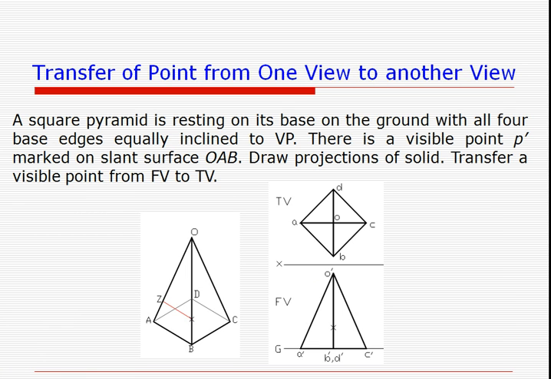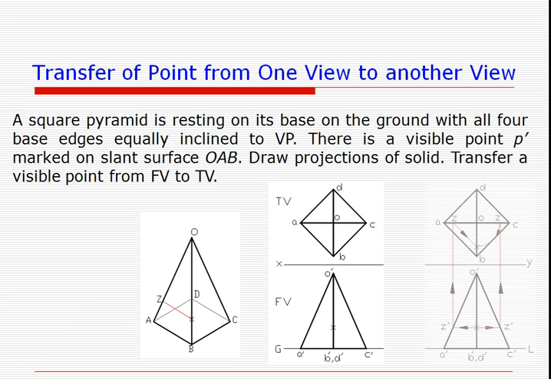I have to transfer the point which is marked here by a cross. So what I need to do is first draw a horizontal line passing through this so that it meets any of the nearest slant edges. It meets O dash A dash at Z dash.